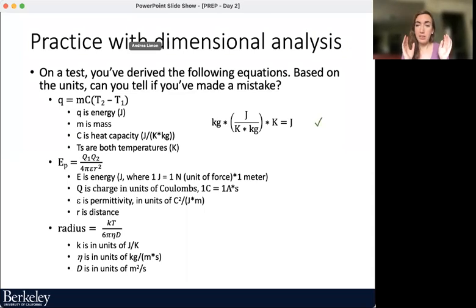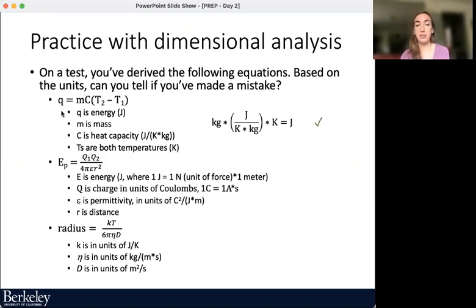So putting aside the actual process, conceptually what we're trying to do is figure out whether this equation could be right. Do the units on the left equal the units on the right? That's what we're trying to figure out. So going back to the first example we did, the units on the left are joules.